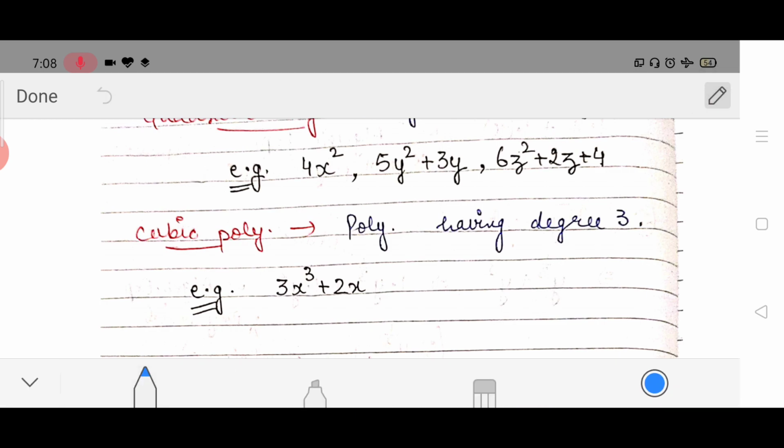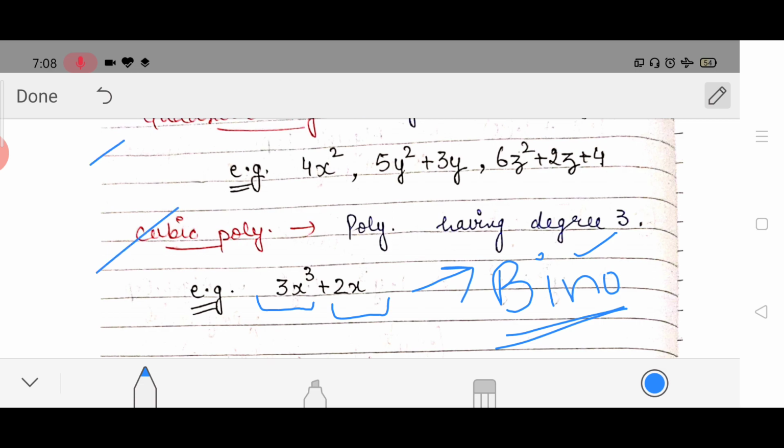This is a cubic polynomial, but as you can see we are having two terms in this, first is this and second is this. So on the basis of number of terms this is a binomial polynomial, but by degree it is a cubic polynomial. This is the basic difference. In this type we have to see the degree, but in this type we have to see the number of terms.